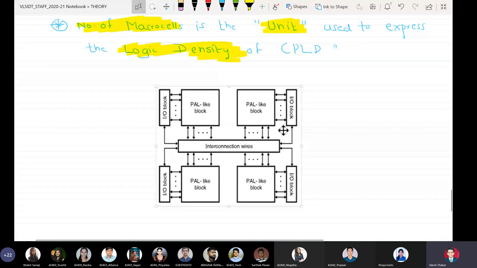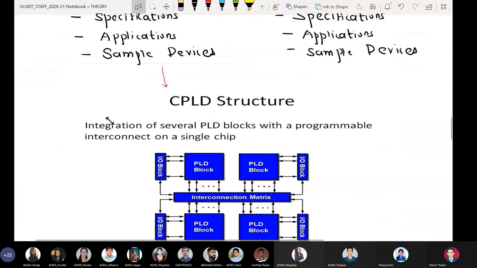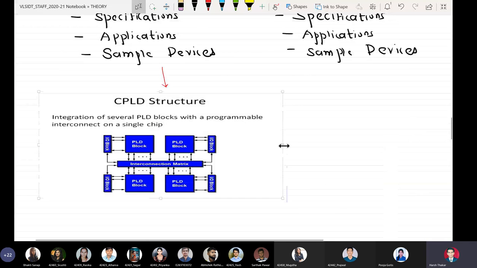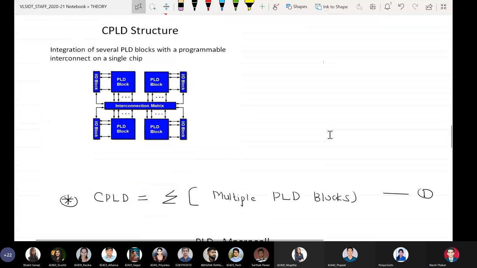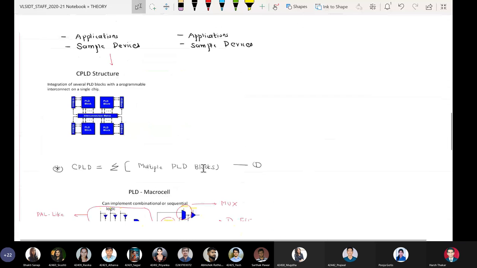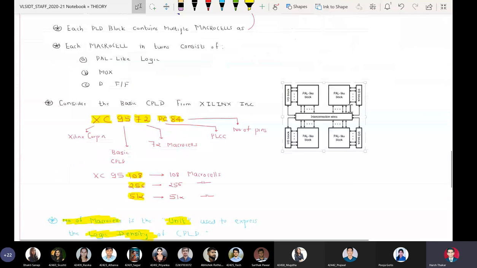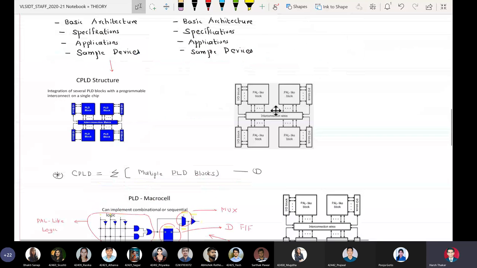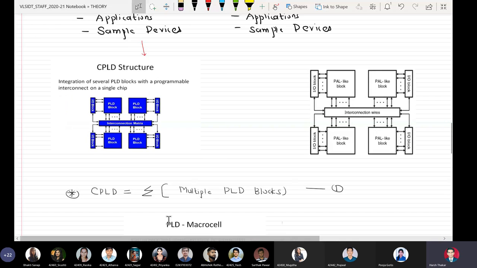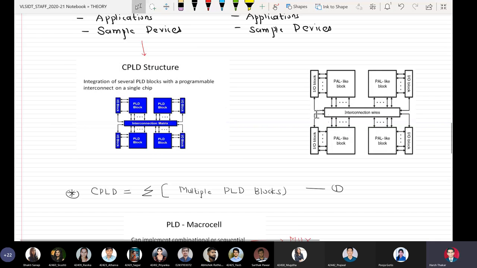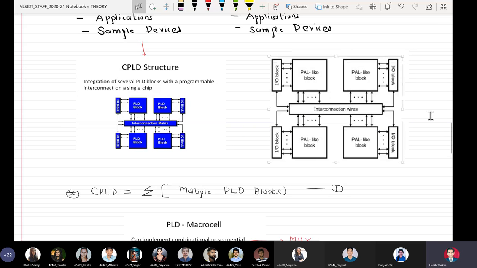So we can say these two are exactly the same.